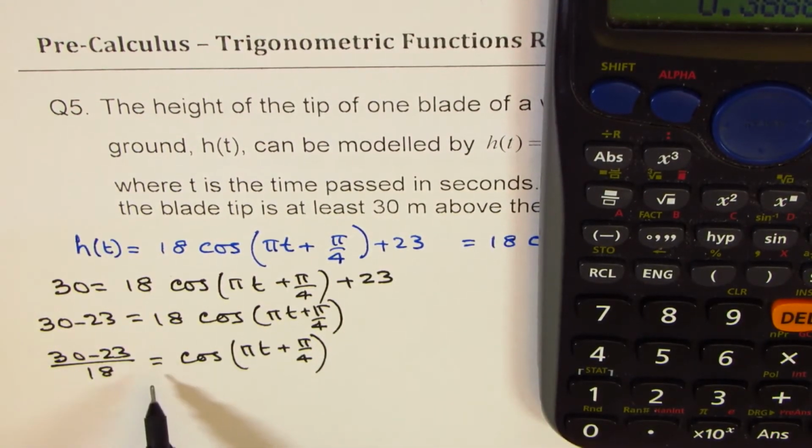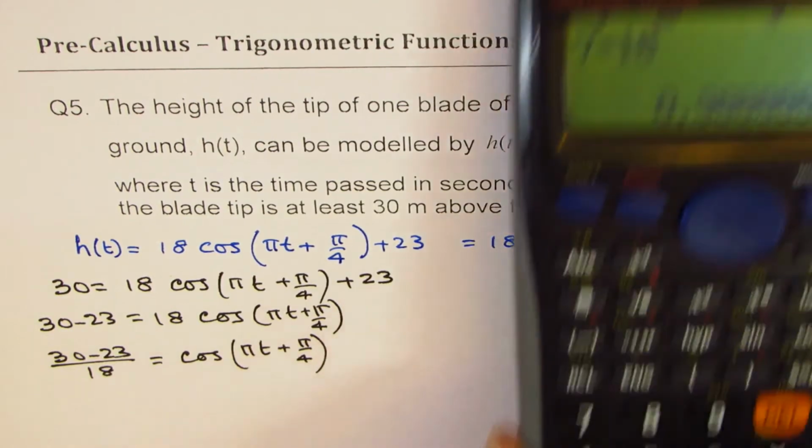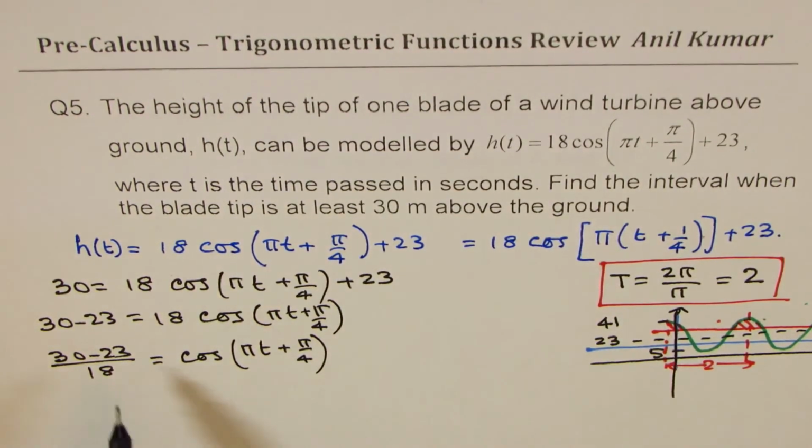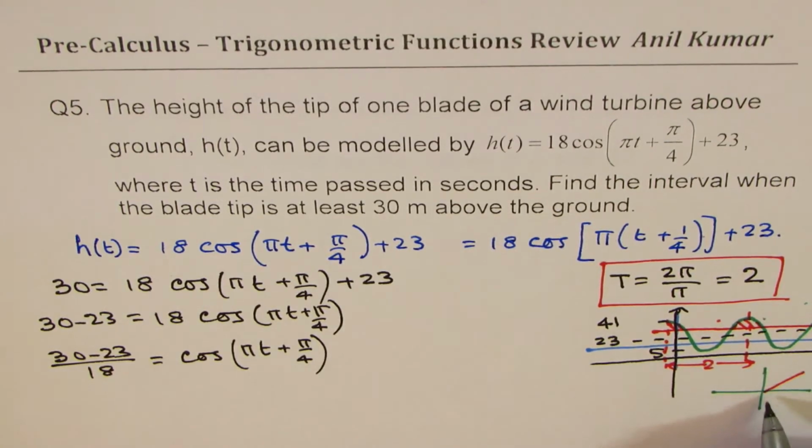We do cos inverse. So it is definitely a positive value. So what do you understand here? That this is a positive value. So if you're looking for a solution, then for cos positive means we are looking for these two solutions, plus and minus theta. Is it okay? Because cos is positive in quadrant 1 and 4. That's the whole idea.